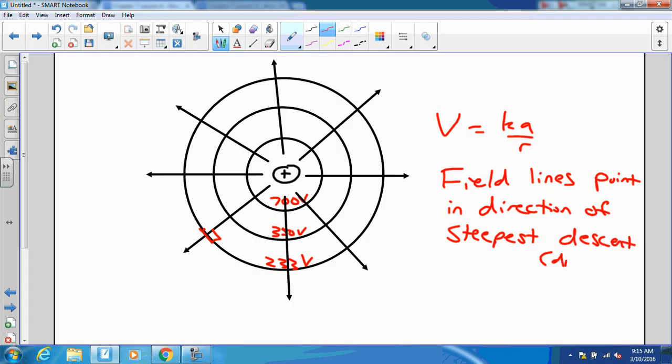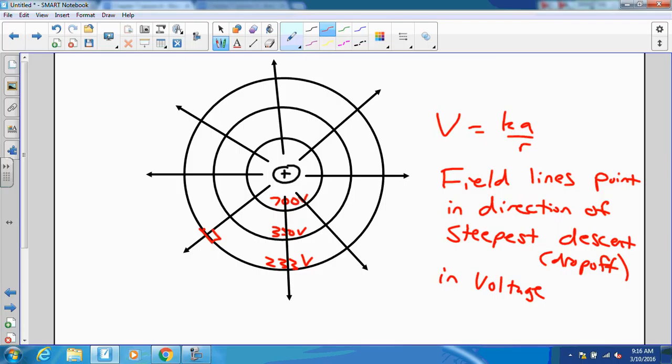How about I say steepest descent? We understand that means drop off in voltage. So when I am mapping an equipotential line, what I'm really doing is also mapping the electric field.